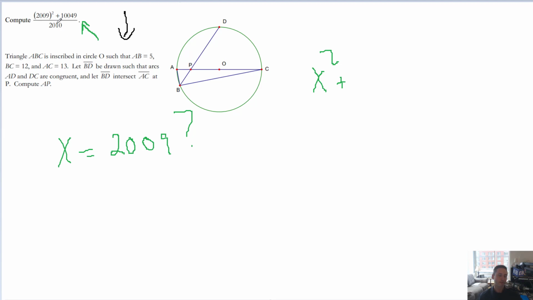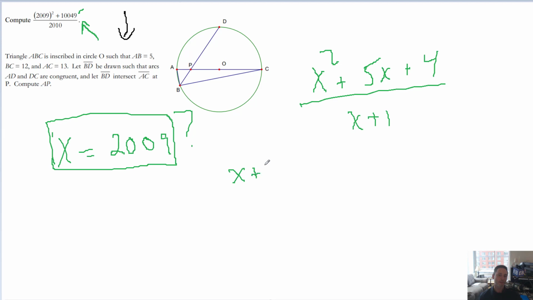Well, to go from 2,000 to 10,000, we multiply by 5. It looks like it's 5x. Well, 5 times 2009 is 10,045. Well, we need 4 more to get to 10,049. 2010, to me, looks like x plus 1 if we're going to make this substitution here.